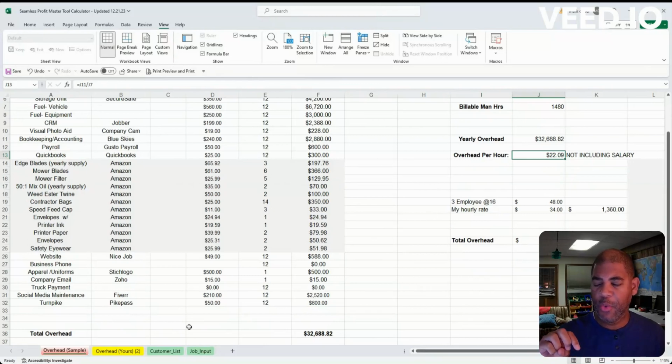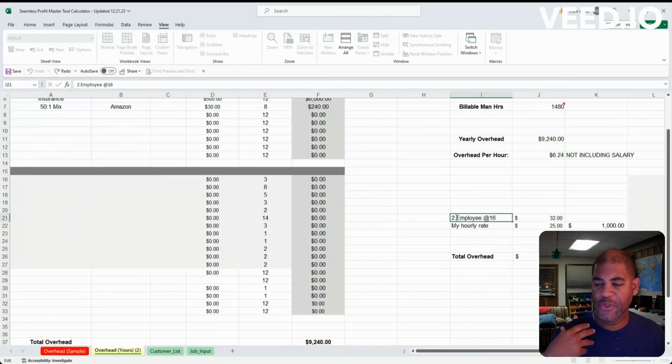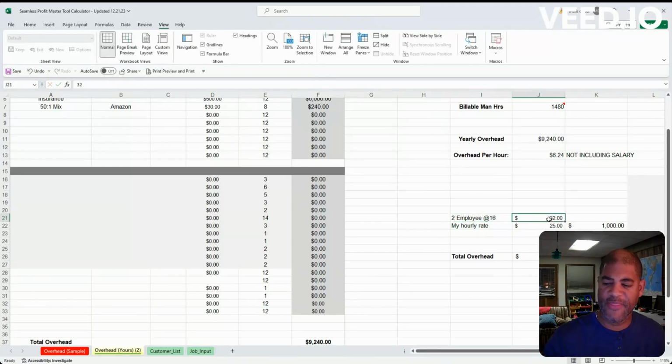Now, depending on how many workers you have, let's jump back over here. You may have 2 workers, you may have just one helper. I normally have 2 helpers, so it's me and 2 other people. I pay about $16 an hour. Maybe yours is 12, it's 14 or whatever. But basically, take the hourly rate that you're going to pay them, multiply it by the number of workers, and this means $32 an hour is what you're going to pay. Now, add in your own rate.